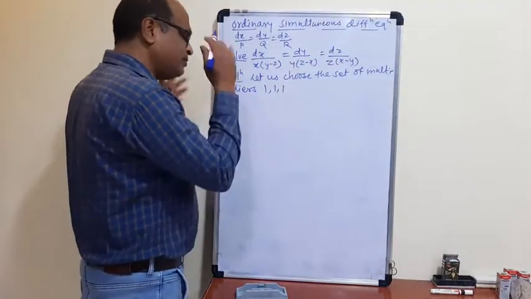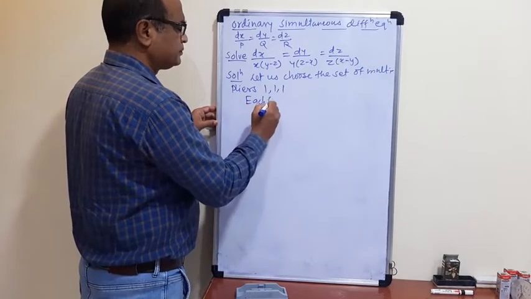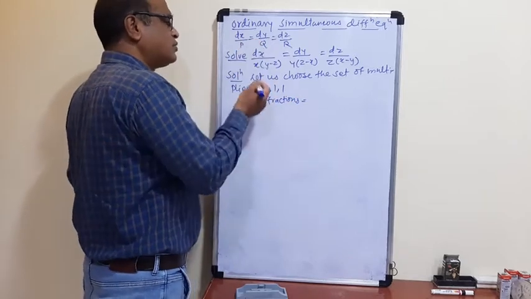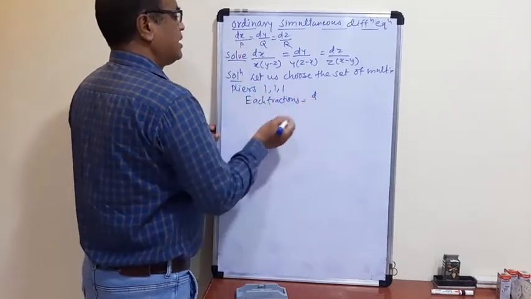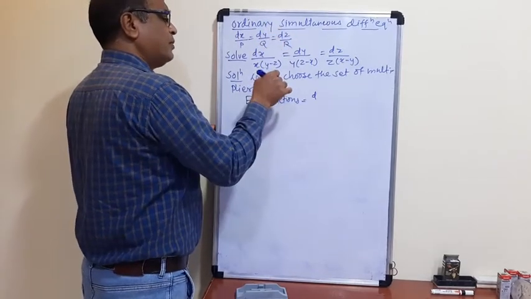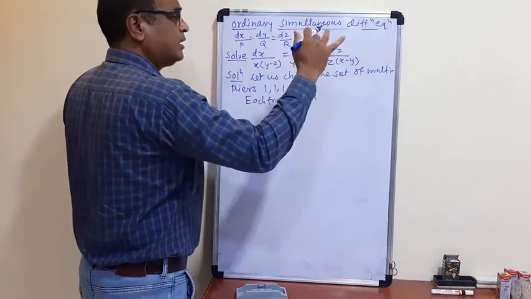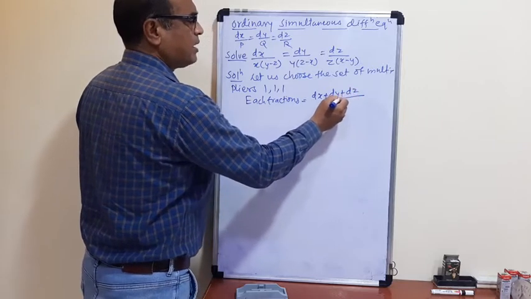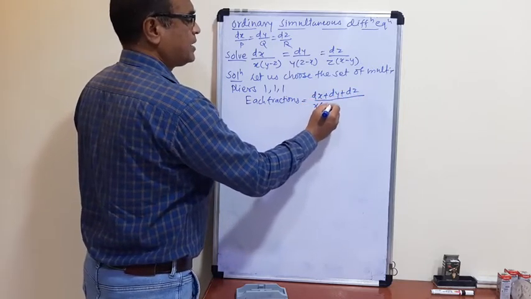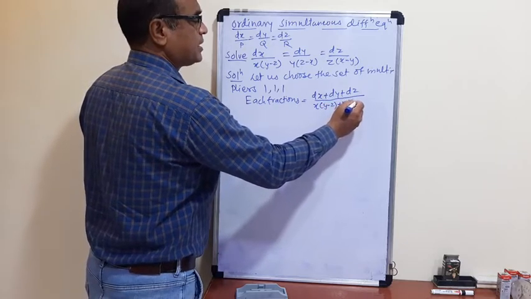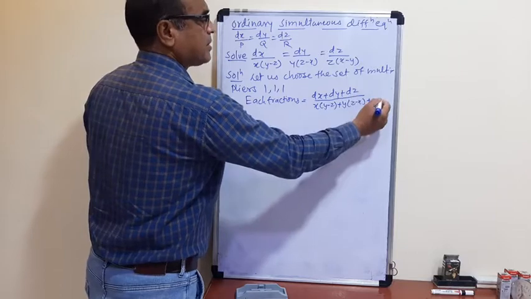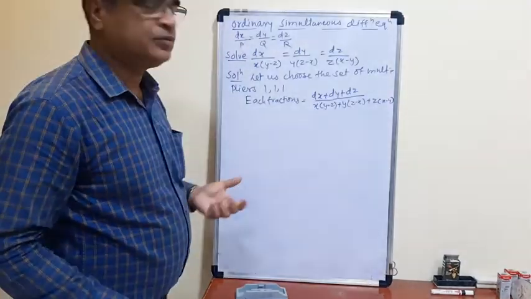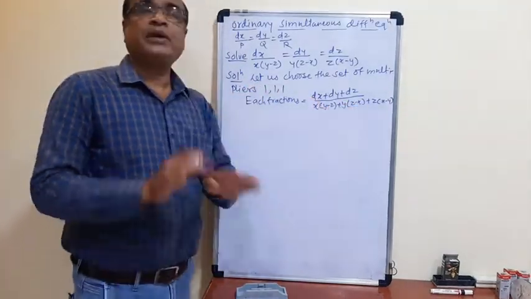So each fraction is equal to: multiplying 1 to each numerator and 1 to each denominator, and adding numerators and denominators, we get (dx + dy + dz) divided by (x(y - z) + y(z - x) + z(x - y)). The multipliers are in our hands; we choose that multiplier such that the denominator becomes 0.